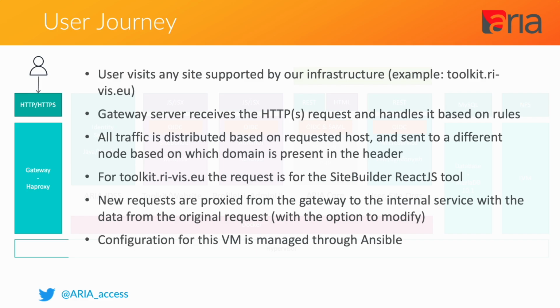The ARIA containers can be shared because a lot of that configuration is done via the template that is being passed and various header flags. And it's all configured via config as code through Ansible, which we'll come on to in another lecture.